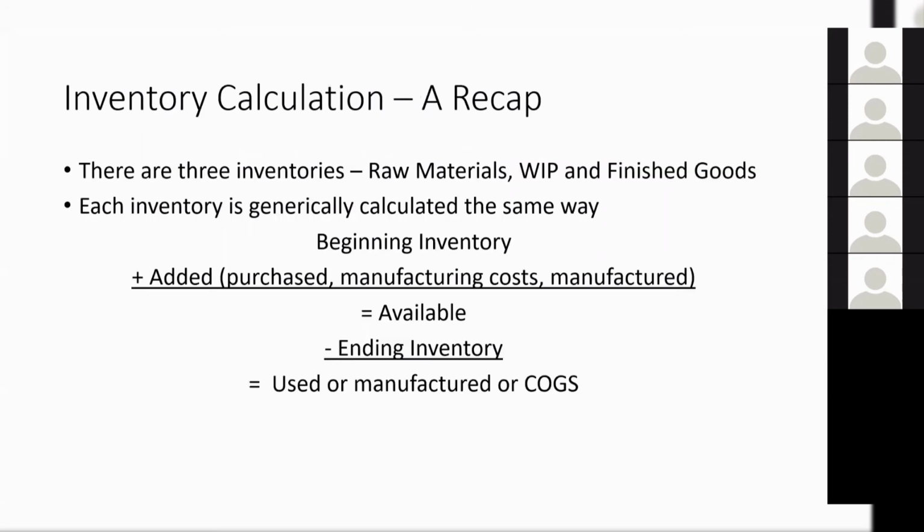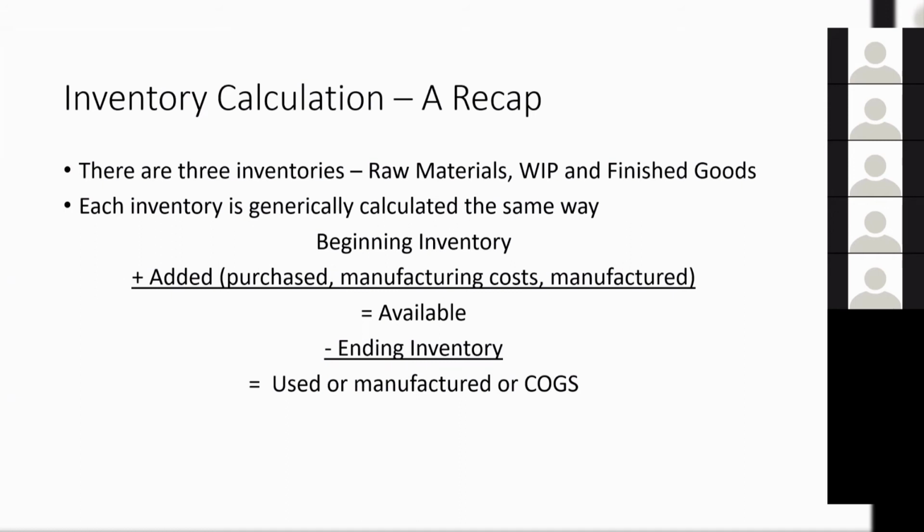All right, now, I just want to recap because all of that stuff looks really complicated, and it really isn't. This recap repeats that there are three inventories: raw material, work in process, and finished goods. All three inventories would be a line item on the balance sheet. The really cool thing about this slide is it introduces the concept that calculating the inventory is handled generally the same way for all three.